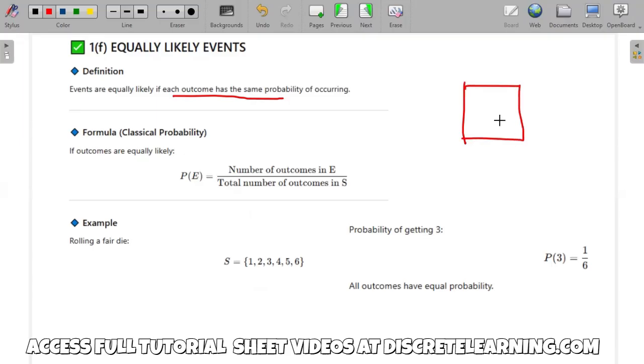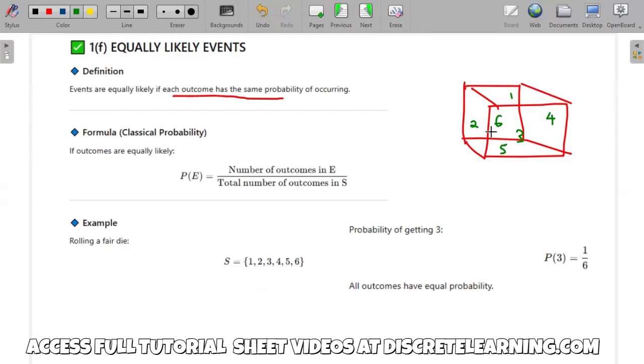So if this is a die here, I don't know if I'll draw a good example. Yeah, so this is a die, right? We know that a die has six sides. So I can have one on top, two here on the side, three on this side, and then four on that side. And then five down here, and then six there at the back.